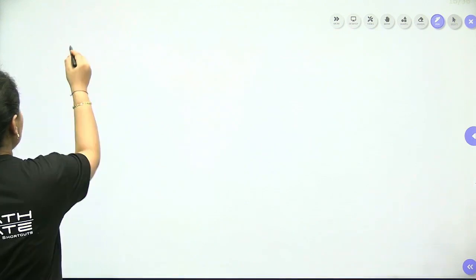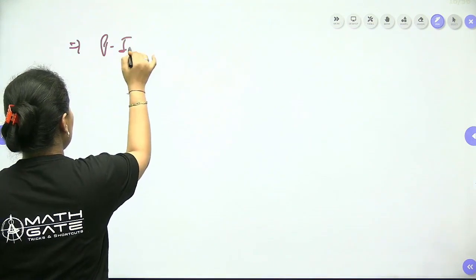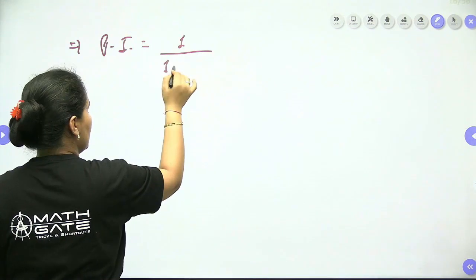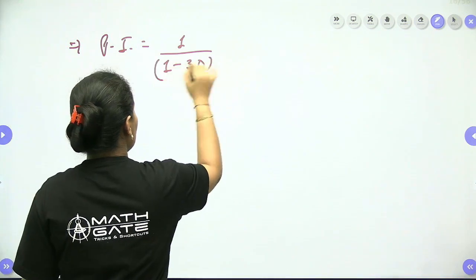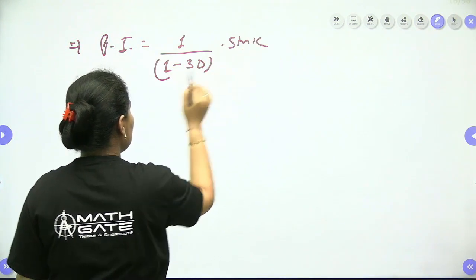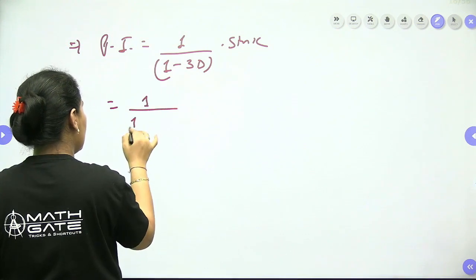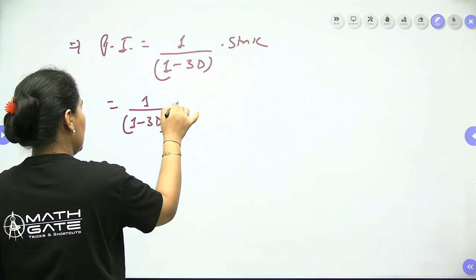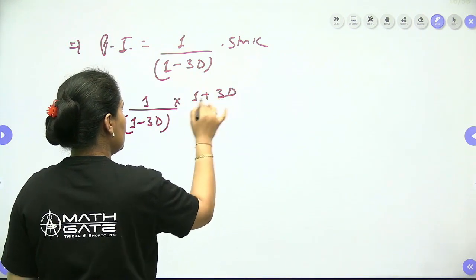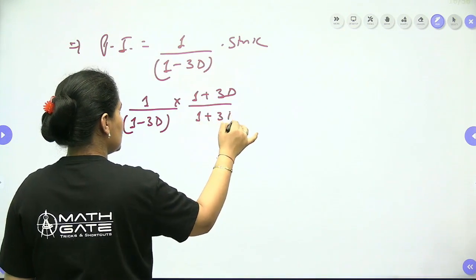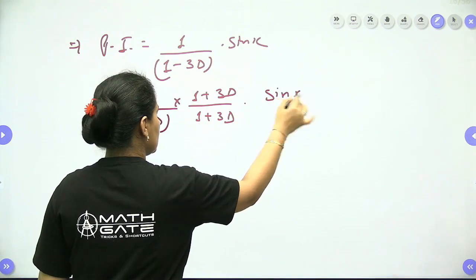Let me show you how. So your PI will be 1 by 1 minus 3D into sin x. We will rationalize this one, so it will be 1 plus 3D divided by 1 plus 3D into sin x.